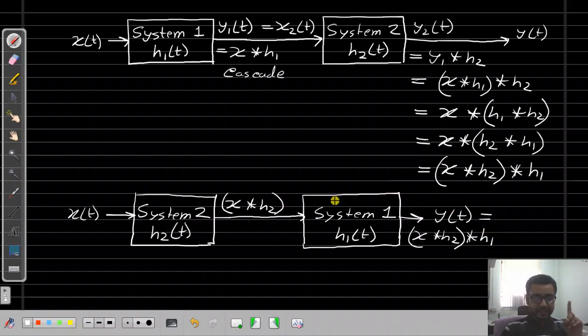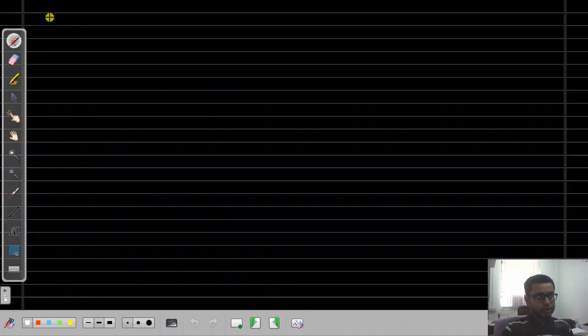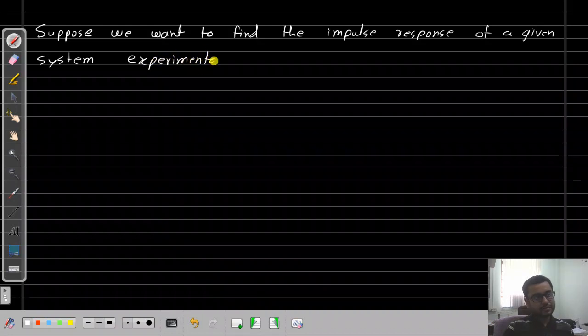Now a very nice implication of this equivalence we shall see now. Suppose we want to find the impulse response of a given system, we want to do it experimentally.